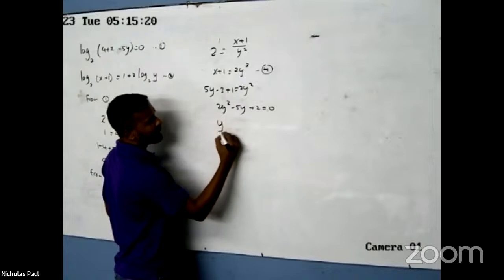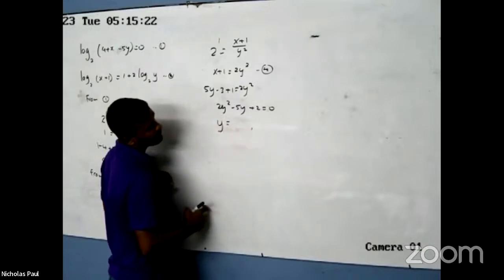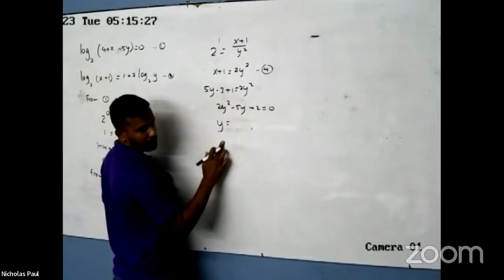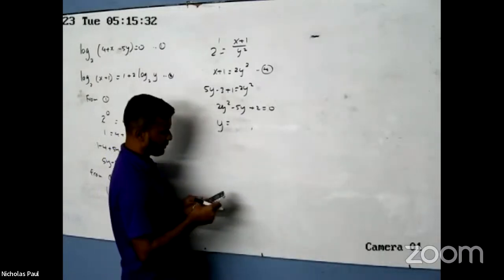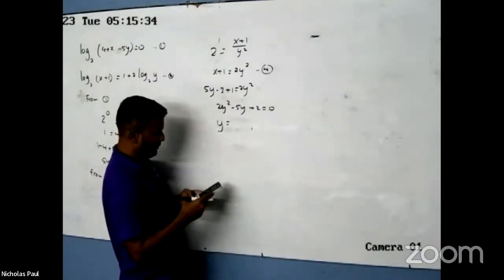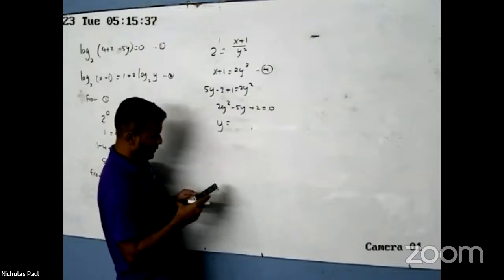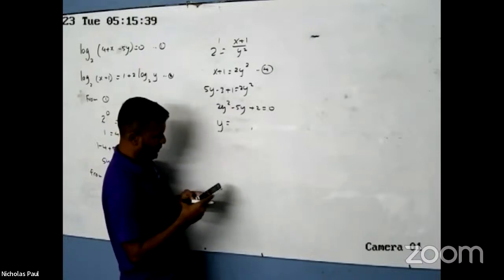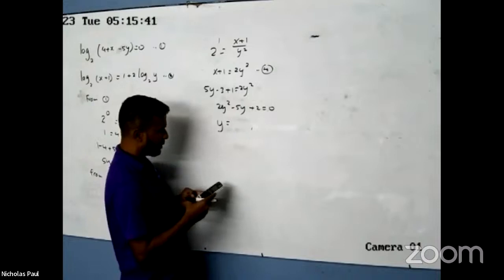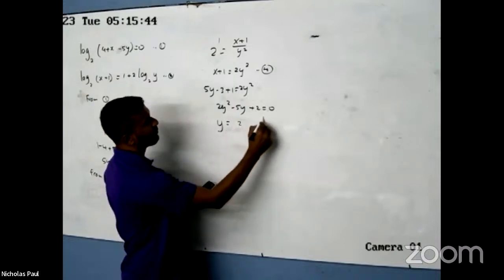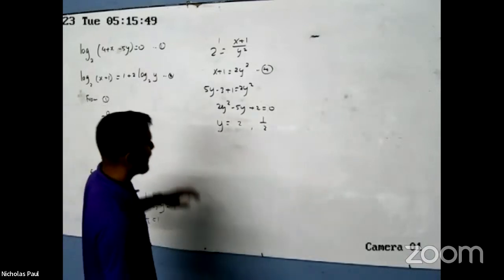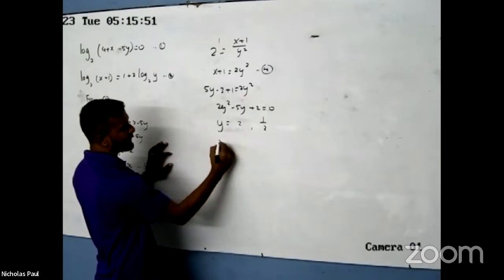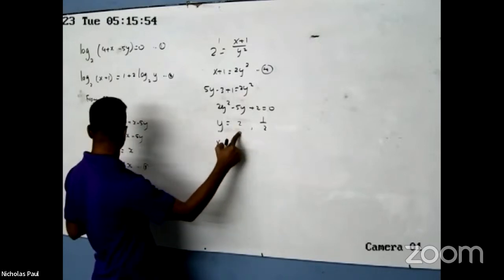Come to the calculator, what do you get there? Anybody have that in? Right, so I have 2, minus 5, 2. So my two answers, the y values are 2 and 0.5.